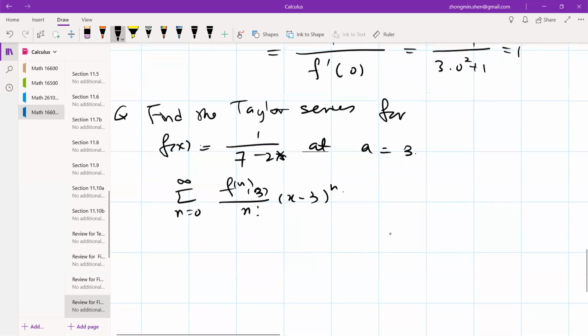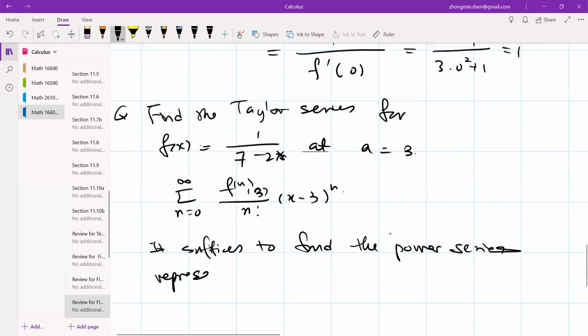It is sufficient to find the power series representation for the function f of x at a equals 3.